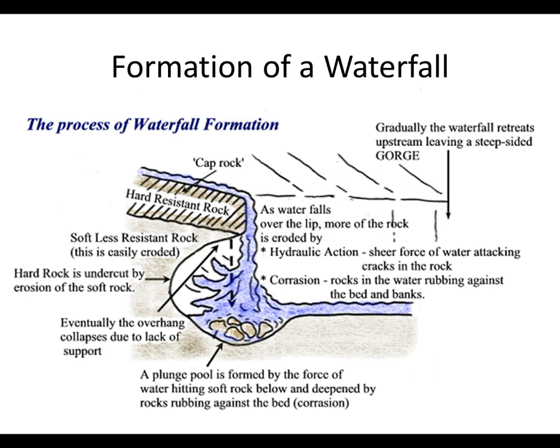Eventually the water starts to erode under the less resistant rock, and the hard rock leaves that overhang, and that's where you get that drop with waterfalls. Because the rock that used to come across here has now been eroded away. So processes involved: hydraulic action, corrosion, and abrasion.